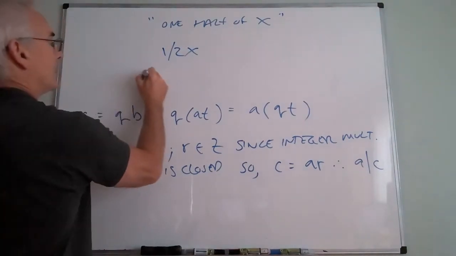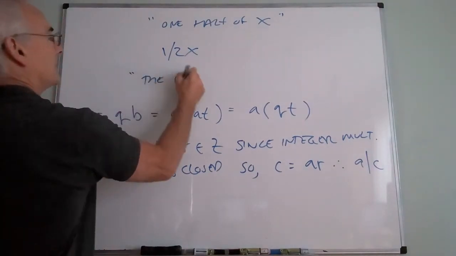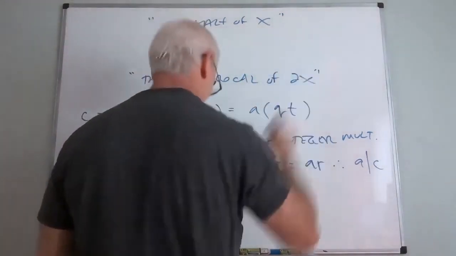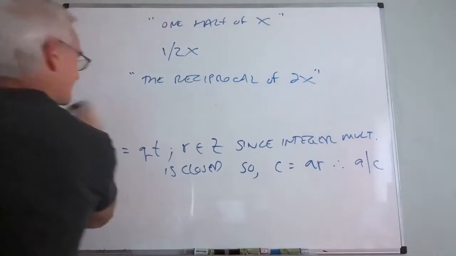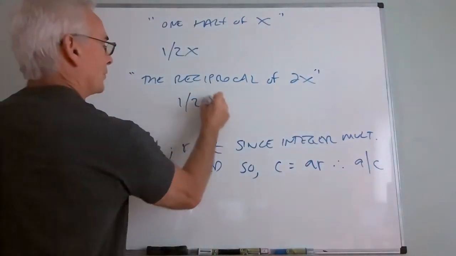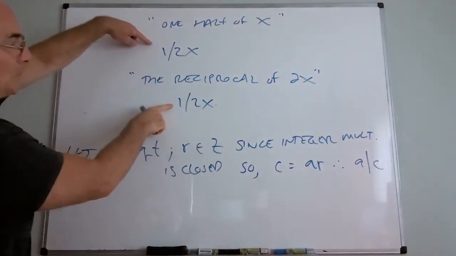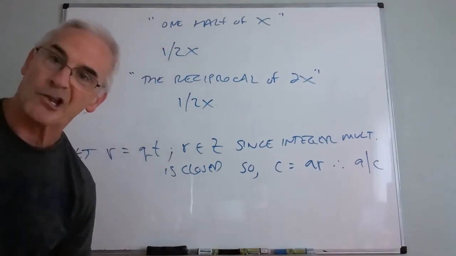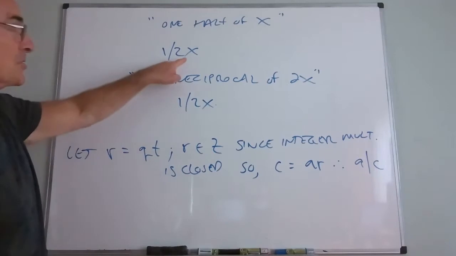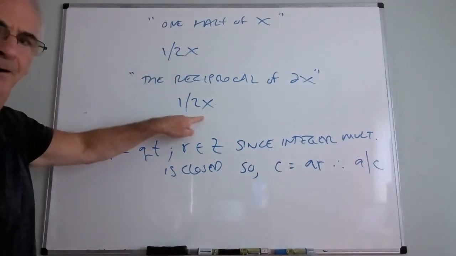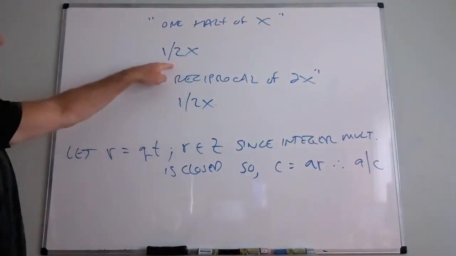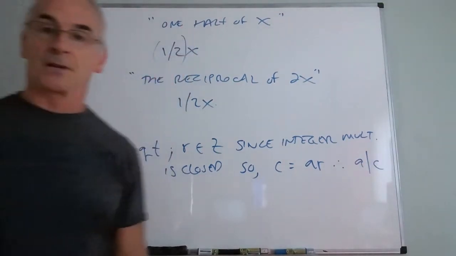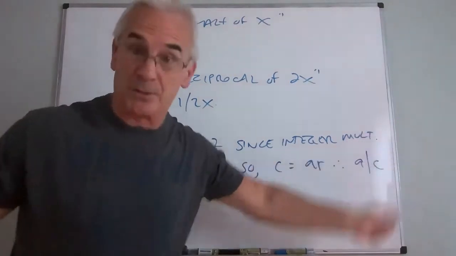If I said the reciprocal of 2x, what does every human being who uses a slash write? 1/2x, which means every single human being using a slash just represented these as the same thing. Are they the same thing? No. X is in the numerator here, X is in the denominator here. Yet I'm totally ambiguous. If you're going to use a slash, you would absolutely have to use parentheses 100% of the time. And I've never seen a human being do that ever.